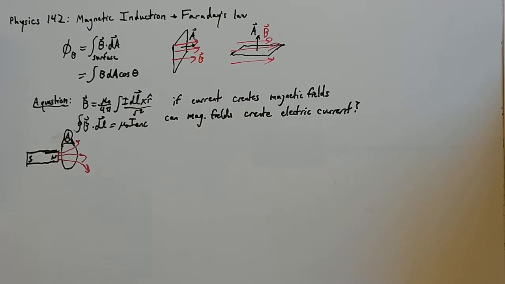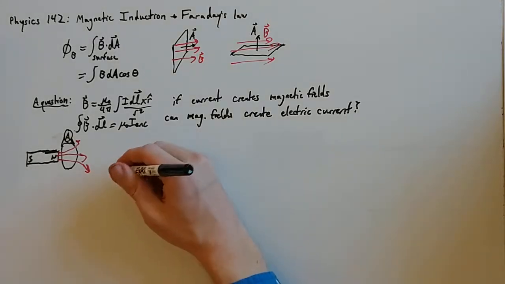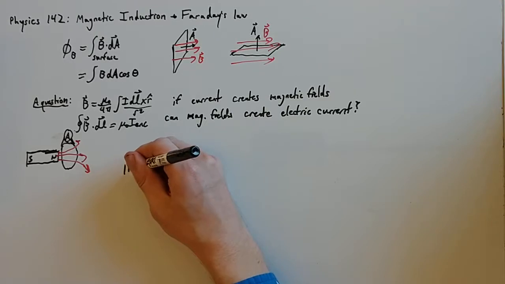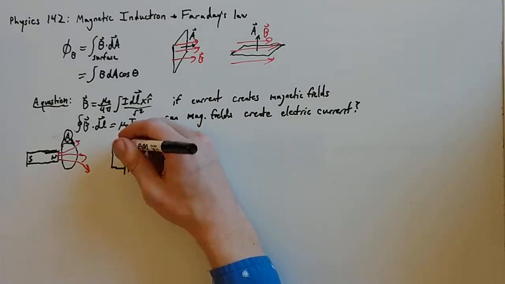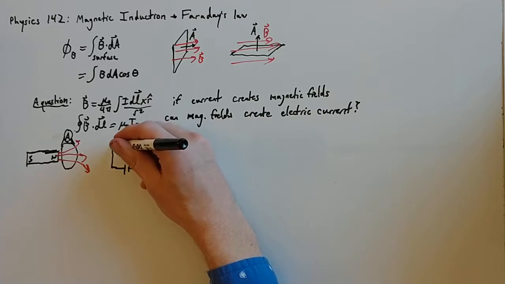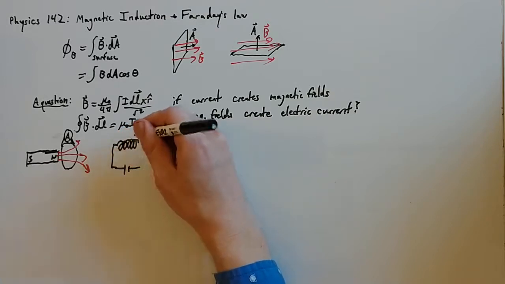Or another, more practical way that people would sometimes set this up is a little circuit that looks like this, where they take and do lots and lots of loops like this.